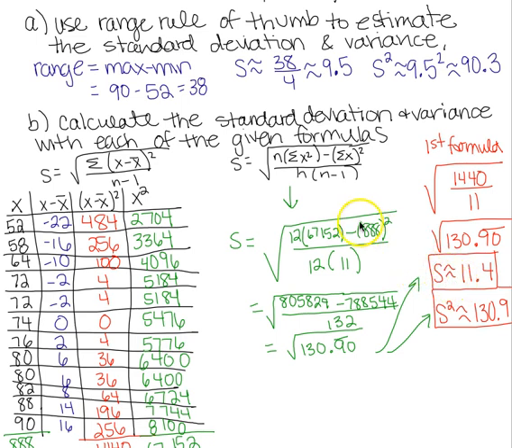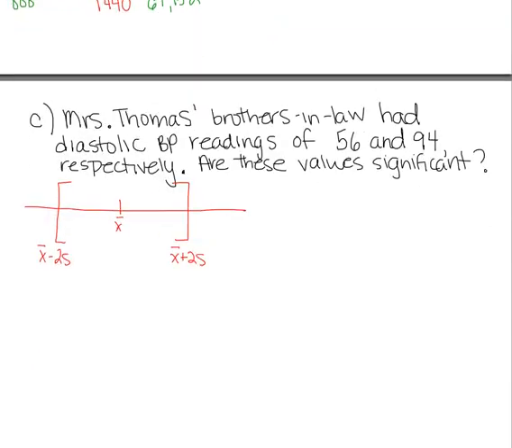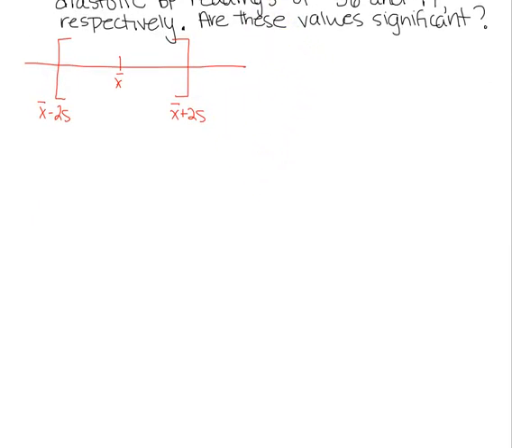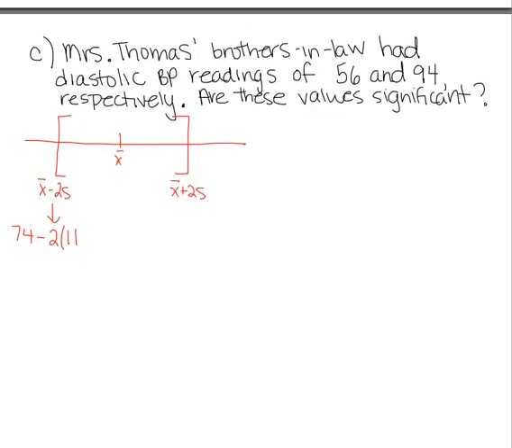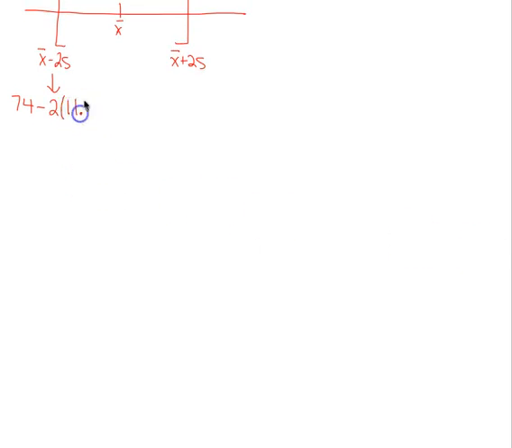The X bar is still the X bar we found in section 3.1, which is 74. So that means that my lower limit is going to be 74 minus 2 times, I already forgot what it was. I think it was 11.4. Yes, times 11.4.